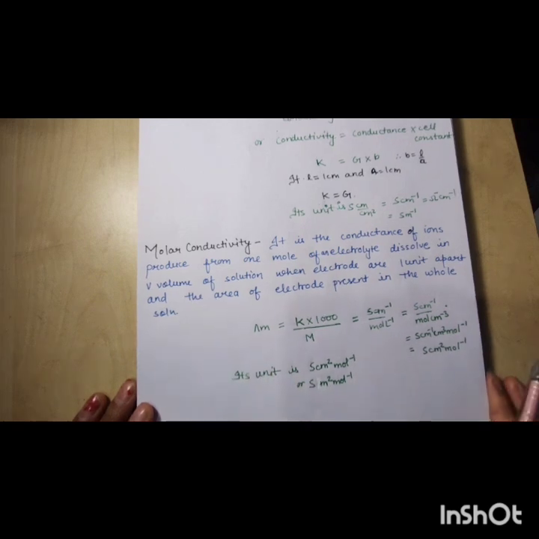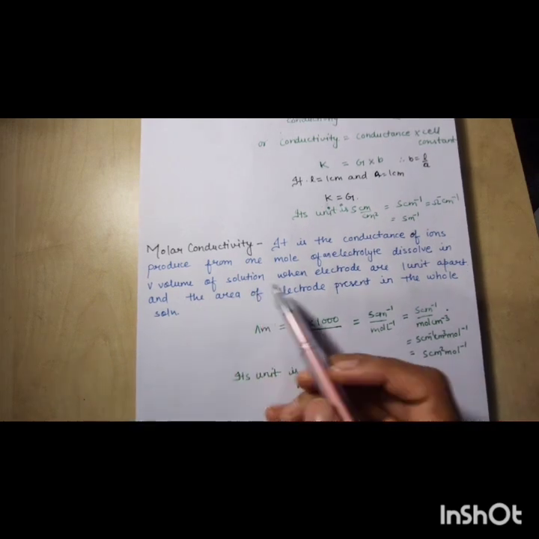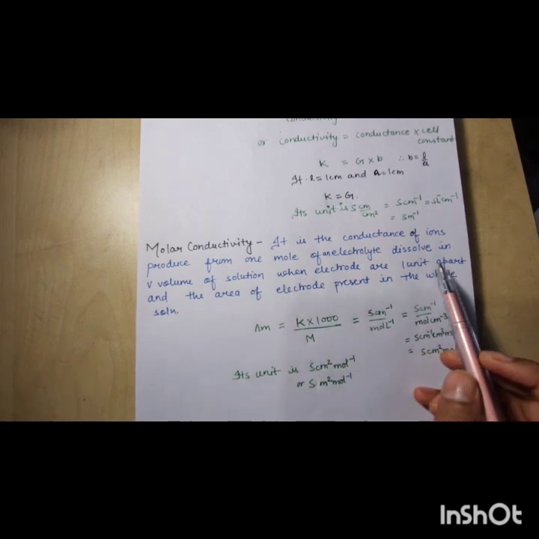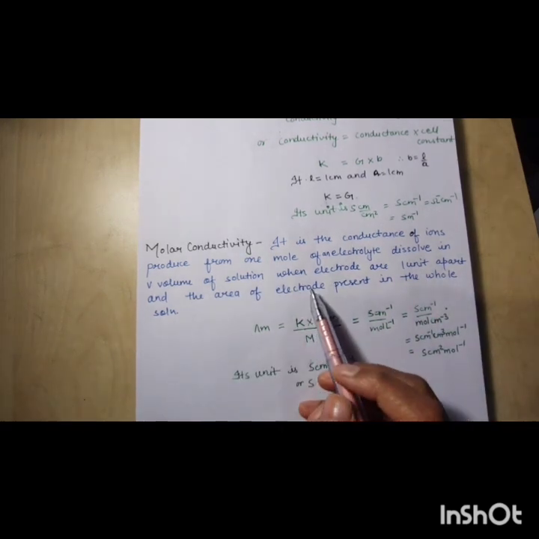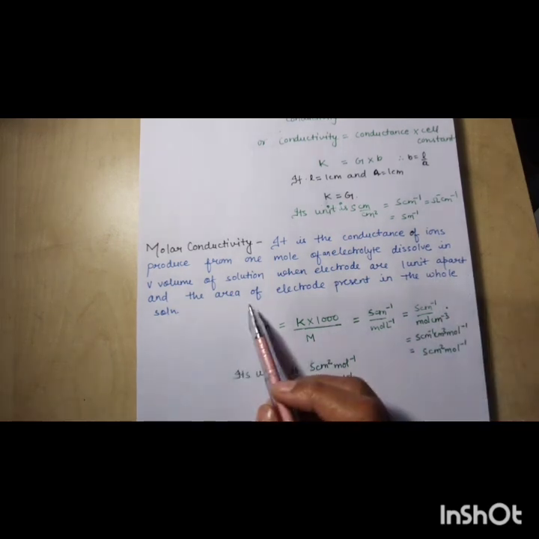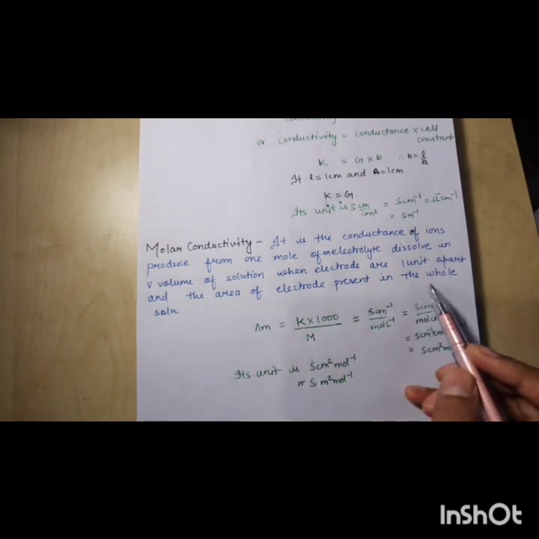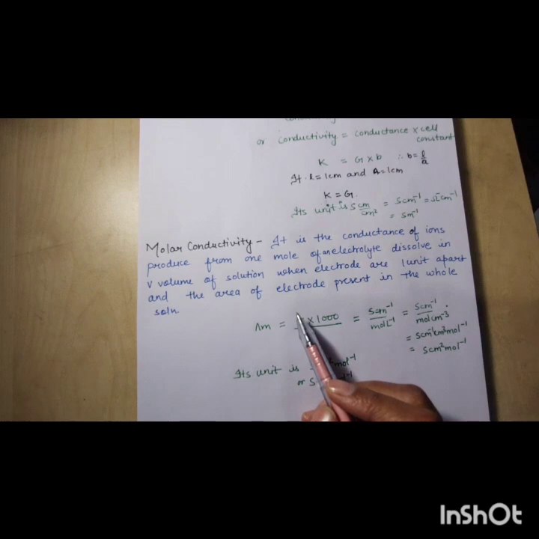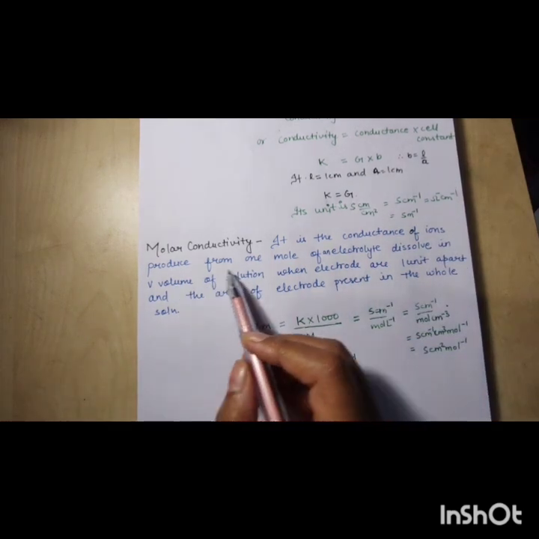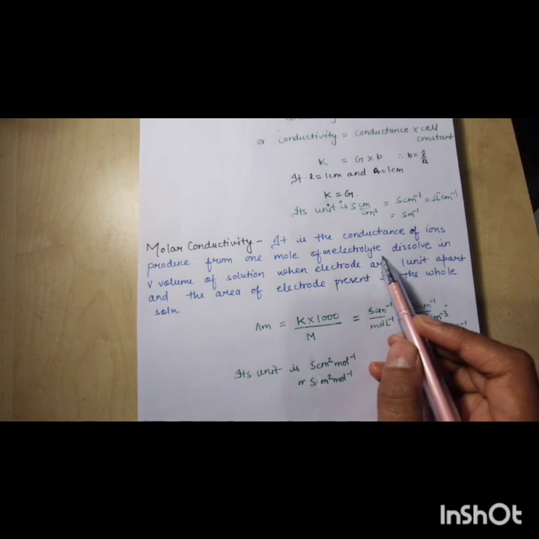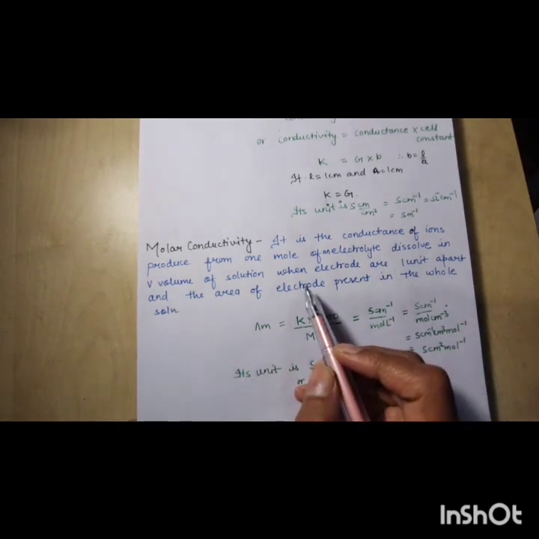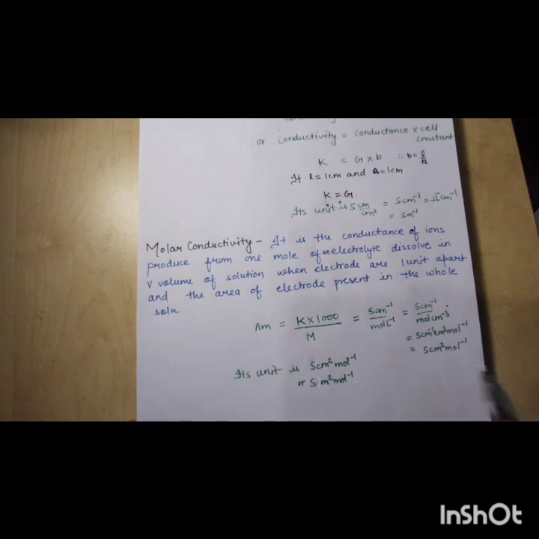The topic is molar conductivity. What is molar conductivity? It is the conductance of ions produced from 1 mole of electrolyte dissolved in V volume of solution when electrodes are 1 centimeter apart and the area of the electrodes covers the whole solution. Or you can say it is the conductance of ions produced from 1 mole of electrolyte in V volume of solution, that is 1000 per liter of solution.